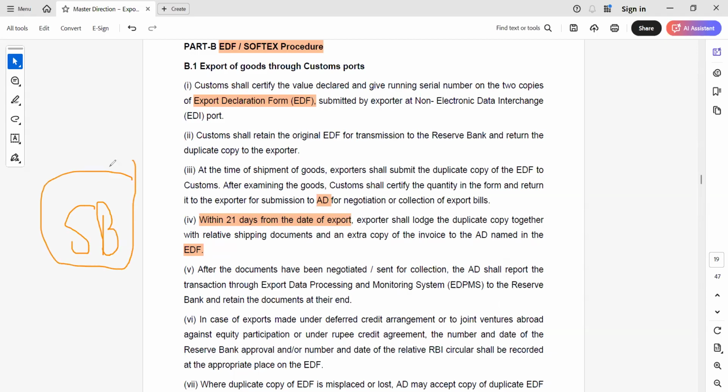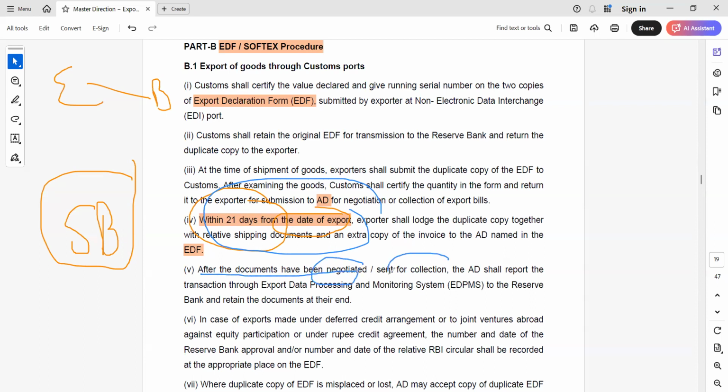Once the exporter gets the shipping bill, then what will he do? He has to submit the documents to the bank. The exporter has to submit the documents to the bank within 21 days from the date of export. And after that, what will the bank do after it has negotiated?